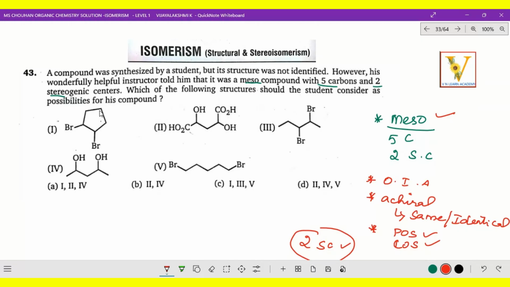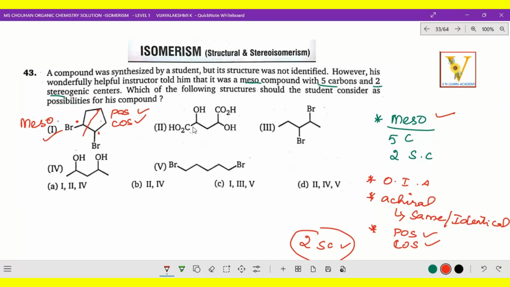And when you cut over here, see, there is an equal portion. So COS is present in this compound and it is optically inactive. This is an achiral molecule and two stereogenic centers are available. Yes, that means this is 100% a meso compound. So the first one is a meso compound.